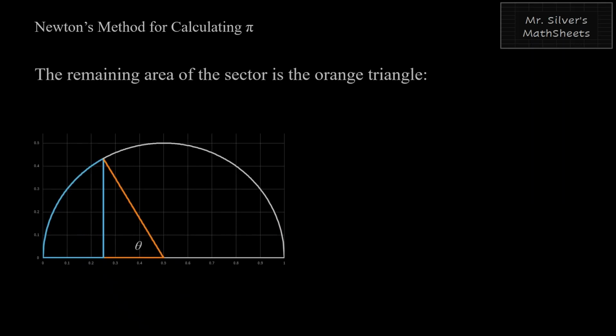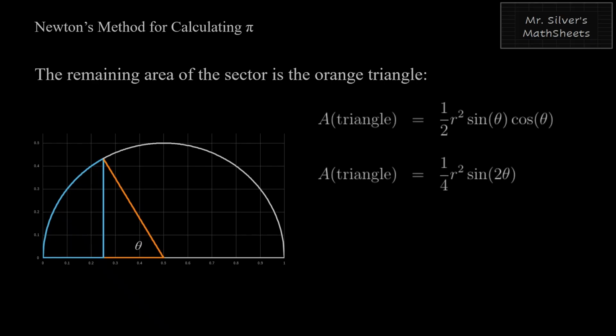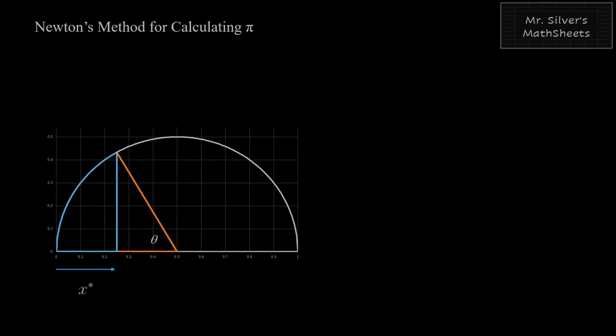Now the remaining area of the sector is a triangle, the orange triangle, and that's straightforward to calculate. It's 1/2 r squared times sine theta times cosine theta. In this case it's 1/16 sine 2 theta. So we can also solve for x star.